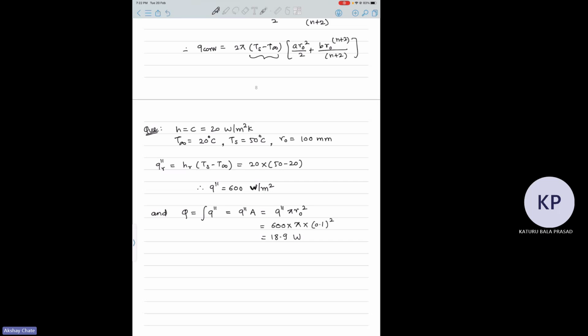But they have not given Cp also, right? Not density, so you can't use those. I think there is something wrong or something is missing in this question.